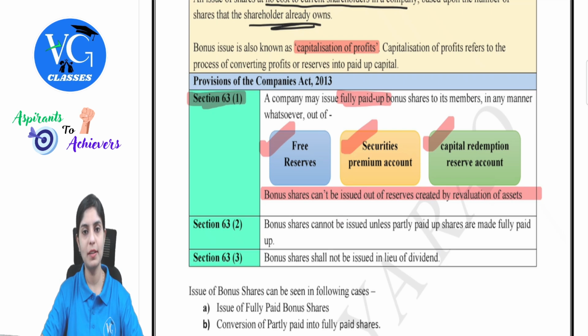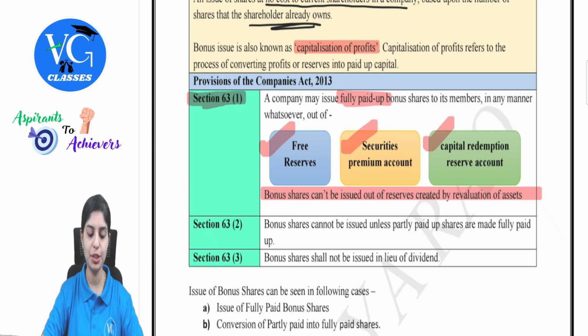Revaluation reserve is created with the movement of asset value, that is either an increase or decrease depending upon the scenario and how we have treated it before. It is created due to a change in the market value of assets. So that will not be considered a free reserve available for issue of bonus shares. That's why there is a clear restriction provided.